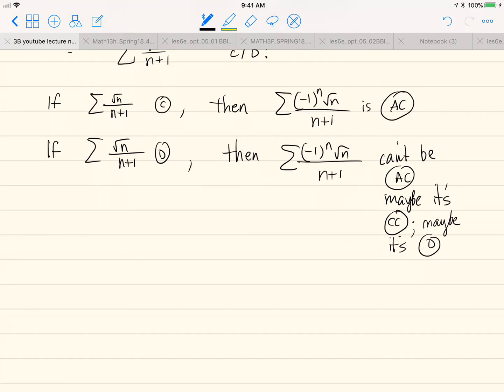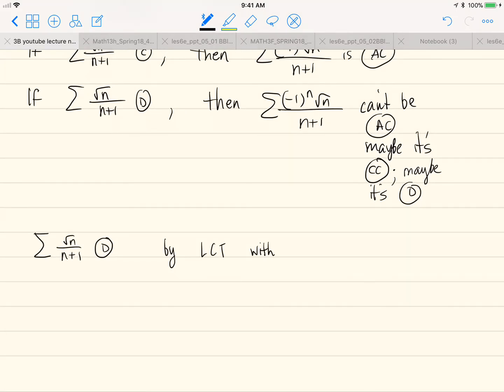And in this case we can, because our series square root of n over n plus 1 is going to diverge. Why? Well, there are several different tests you can use. The easiest one, I think, is to just use a limit comparison test with, now here's the question, what does this series look like?